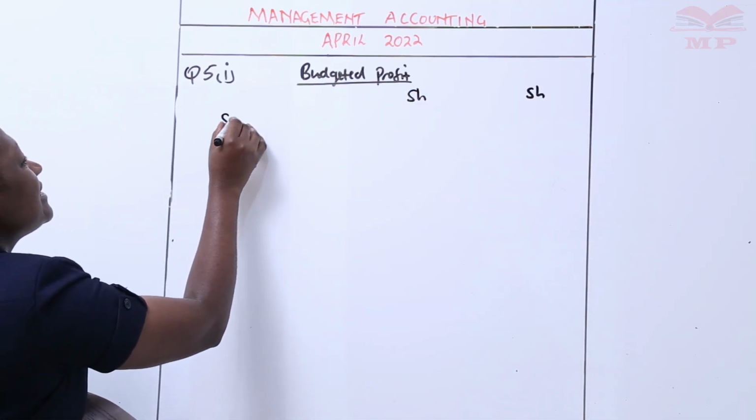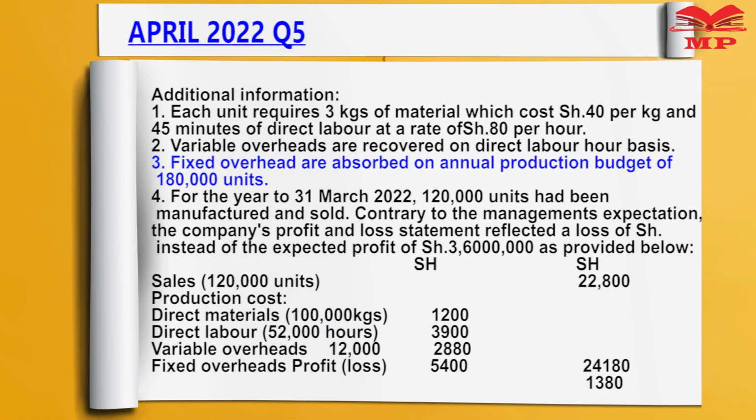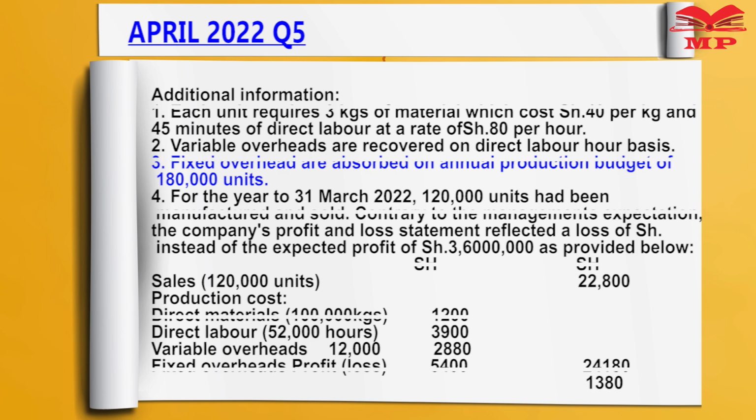We begin with the sales. How do we calculate sales? In note number 3, we are told that fixed overheads are absorbed on an annual production budget of 180,000 units. So the budgeted units were 180,000 and the selling price is 250 shillings.